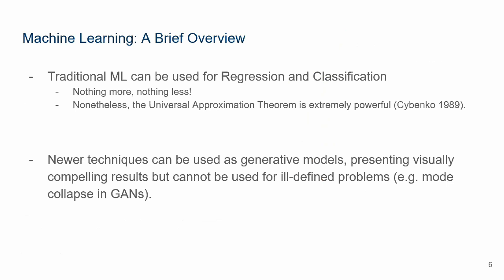Effectively, these models can only be used for regression and classification. In the basic sense, we have a feed-forward neural network. It's a function approximator, and it approximates effectively, typically just a regression problem.